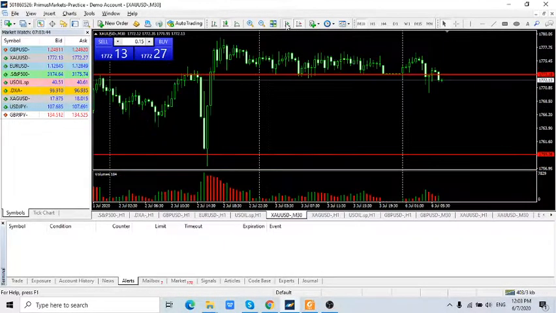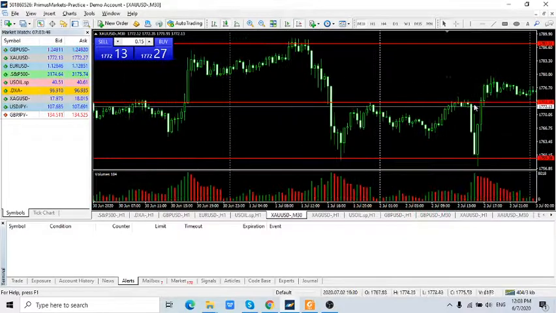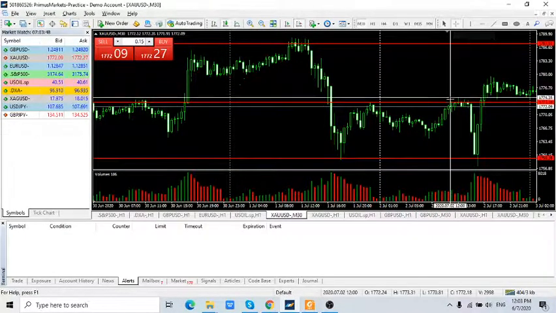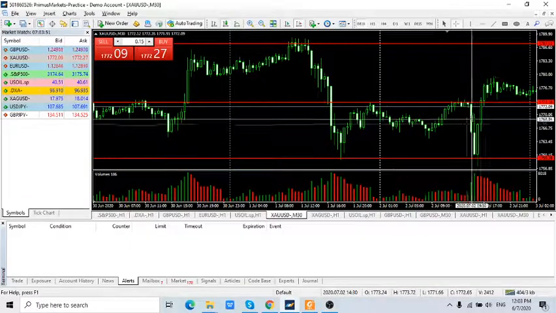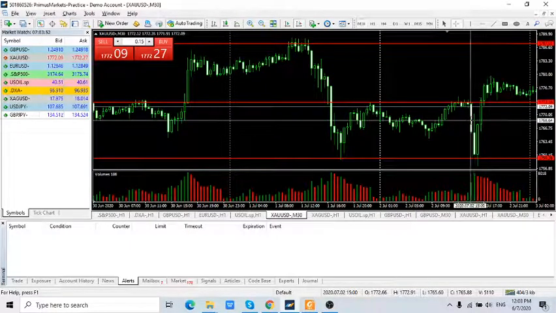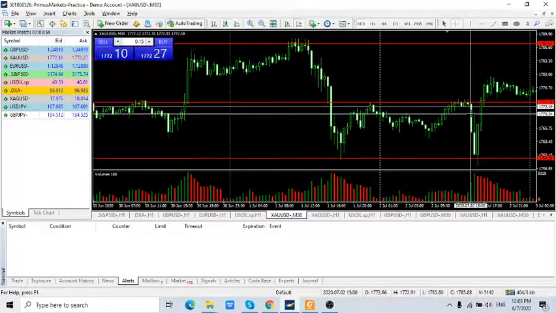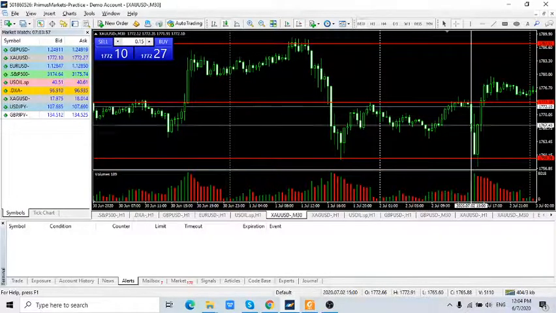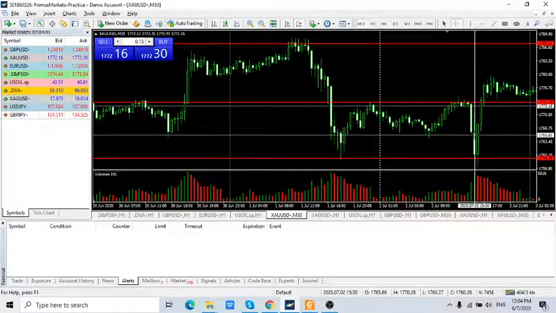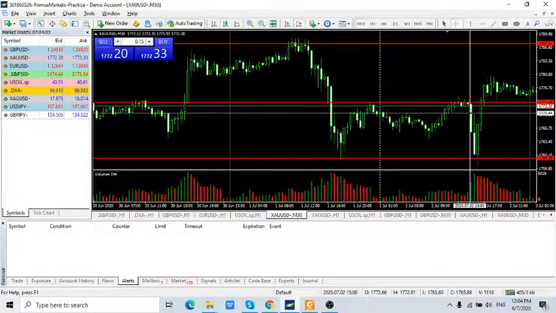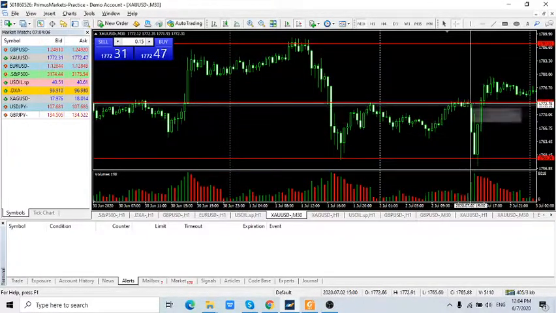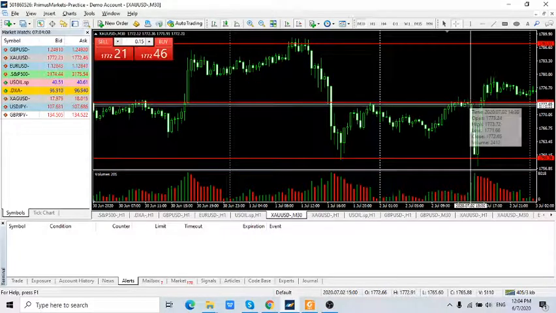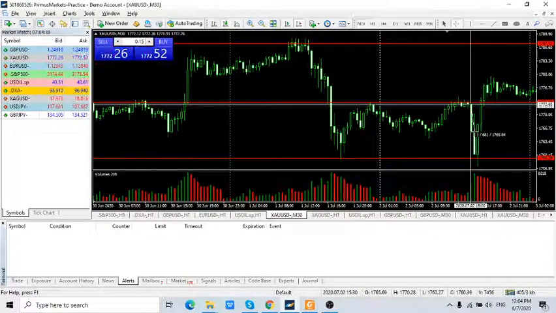Let us have a quick look at the 30-minute chart so that we can see in detail the impact of last Thursday's 8:30 p.m. non-farm payroll report. As you can see, even before the non-farm payrolls was announced at 1530, which is 8:30 p.m., as early as 8 p.m., which is 1500, the gold prices already started to move down about $6.80.